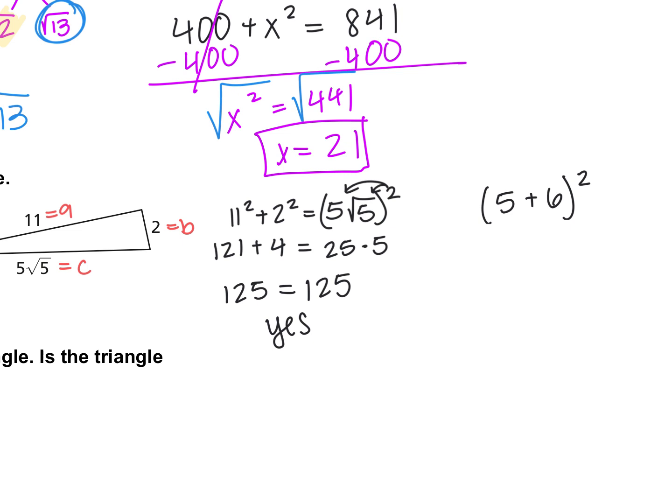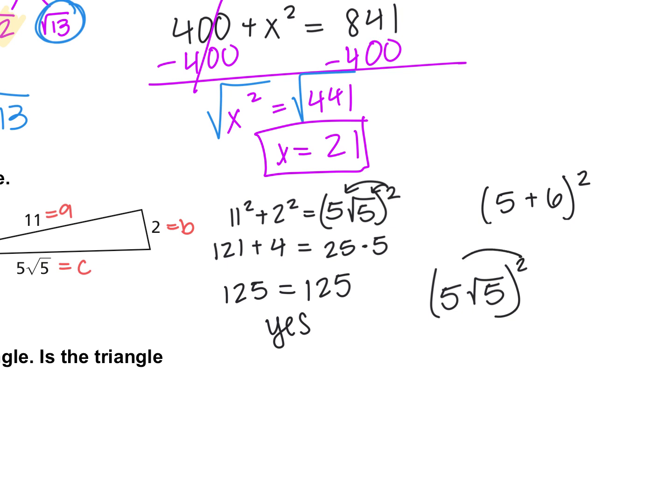When will it be like that though? I don't think you have any of that on your quiz right now. Okay. But only when it's addition and subtraction separating two terms, you have to FOIL it. If it was instead like 5 plus 6, then I would FOIL. So always just remember, it would be 5 radical 5.